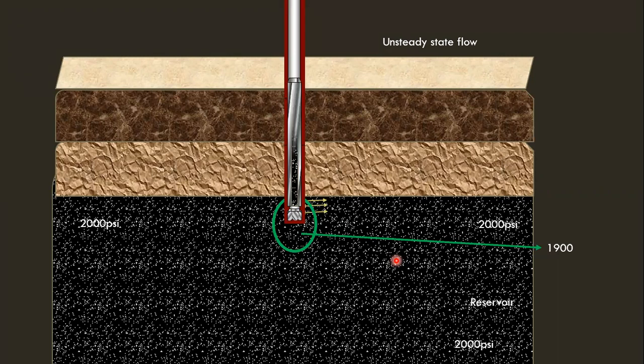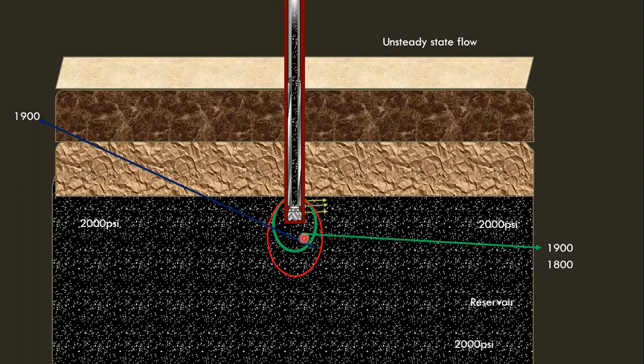Then after some more time, the pressure wave will expand. From green, it became red. So here, the pressure difference is progressing into the reservoir. Inside the red pressure wave, you can see the pressure is 1900 psi. But the earlier wave has expanded and created a new wave.